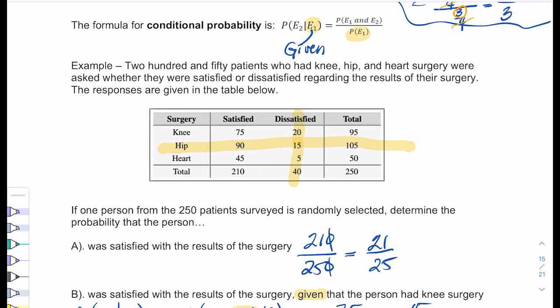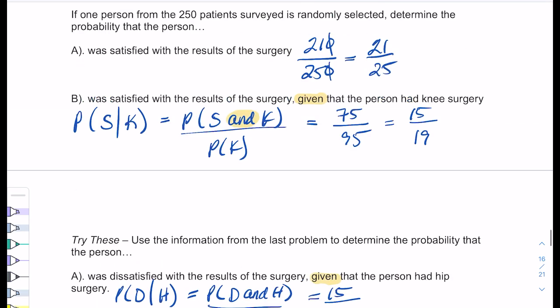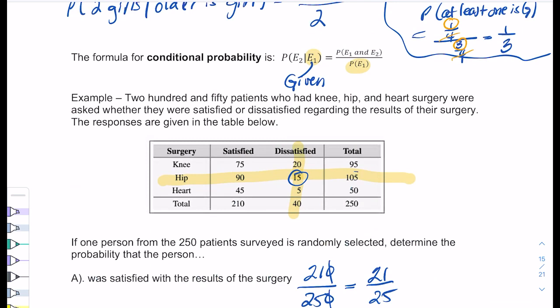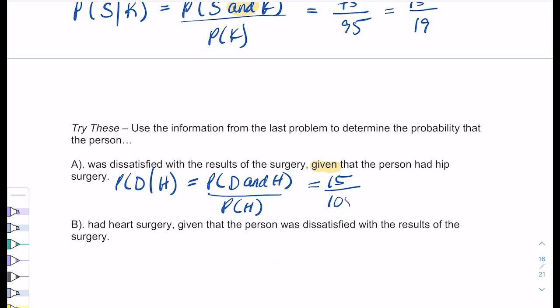Where do they intersect? 15, over the probability of hip surgery. So how many people had hip surgery? 105. That's your reduced sample space. And if you reduce 15 over 105, 15 goes into both 7 times. So it's 1/7.